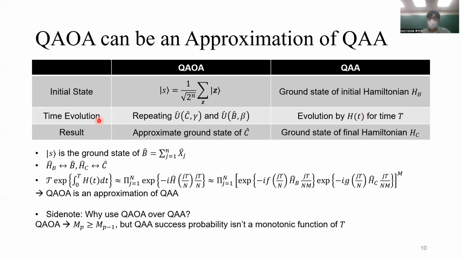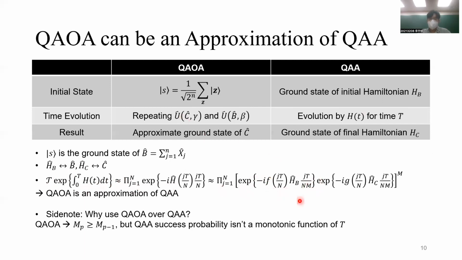Then for the time evolution for QAOA, we repeatedly apply this UC and UB. And for QAA, we just do the evolution by H of t, where H0 is the initial Hamiltonian, but the large T is the Hamiltonian with the solution state as the ground state. And actually, by using trotterization multiple times, we can see that the evolution by the time-varying Hamiltonian in the QAA is simply applying UC and UB multiple times.